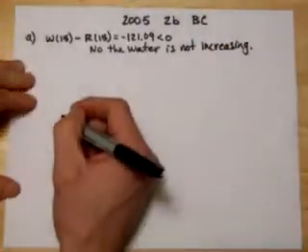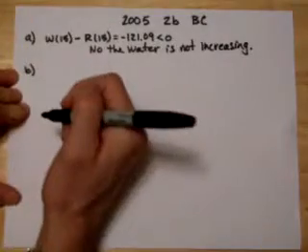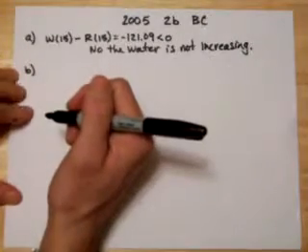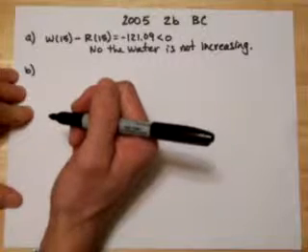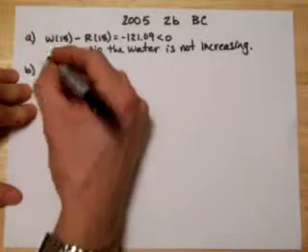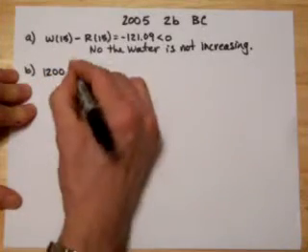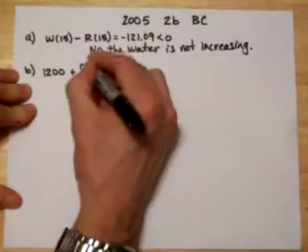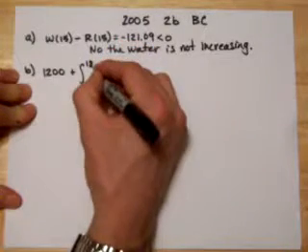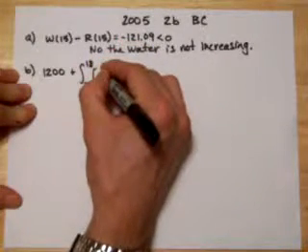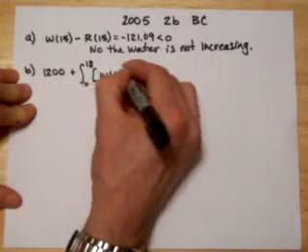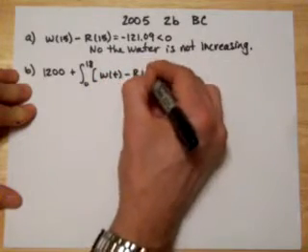Okay. B says to the nearest whole number how many gallons of water are in the tank at time t equals 18. So we have 1200 gallons to start with, plus the integral from 0 to 18 of W of t minus R of t.